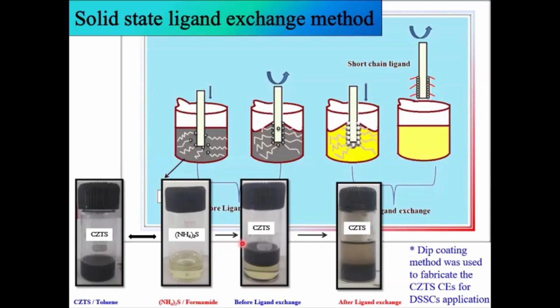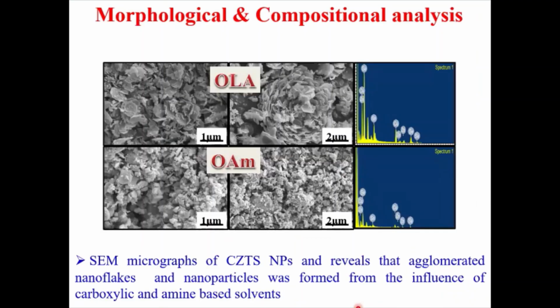The oleic acid or oleylamine on the surface is removed, and small molecules are added onto the surface. Now the whole CZTS becomes hydrophilic after ligand exchange. So we can change the surface properties of the nanoparticle from hydrophobic to hydrophilic by this simple ligand exchange process. You can see the surface morphology and other characteristics of the molecule.